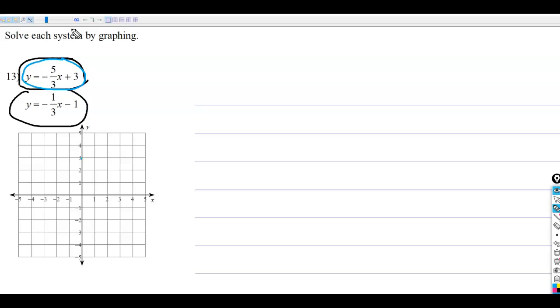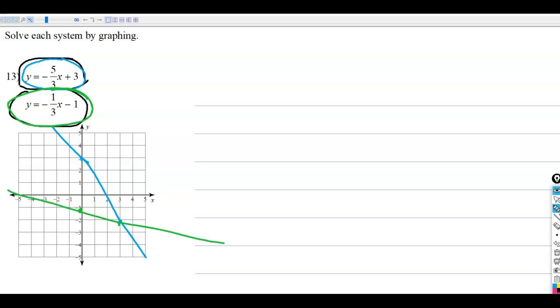I'm going to start off at 3. I'm going to go down 5, right 3. Now for the other one, I'm going to go ahead and do that one in green. Starting at negative 1, I'm going to go down 1, right 3.